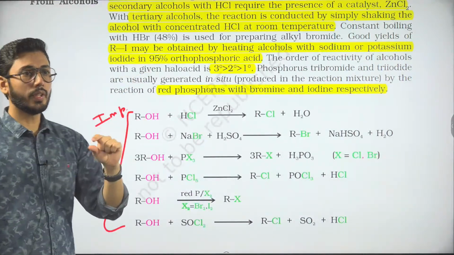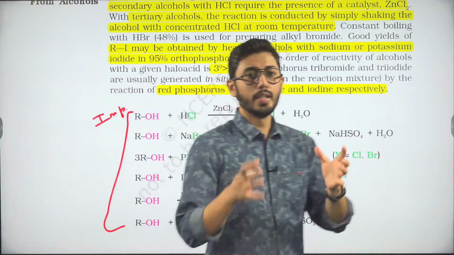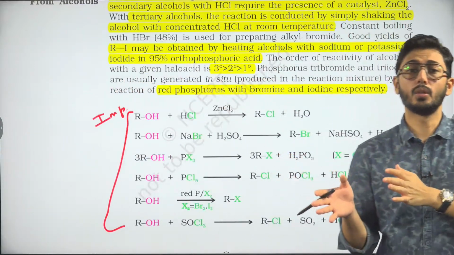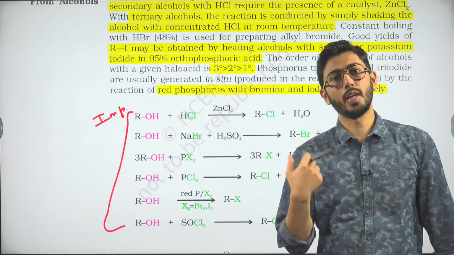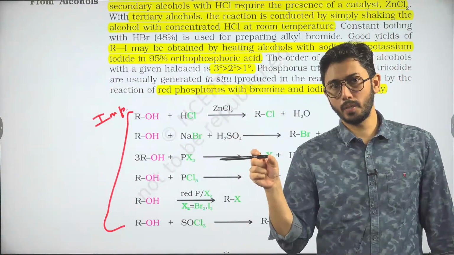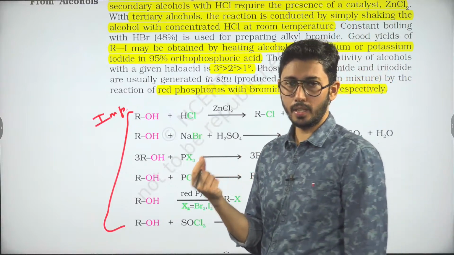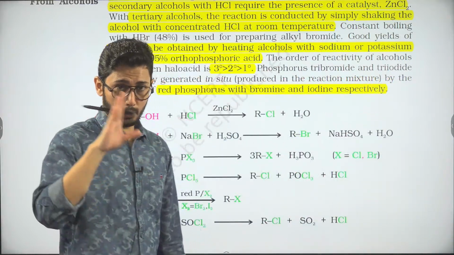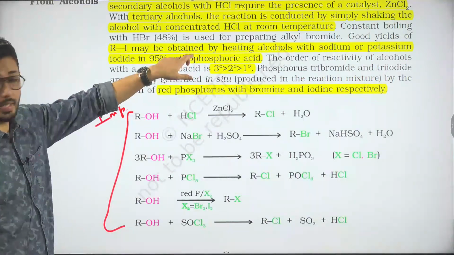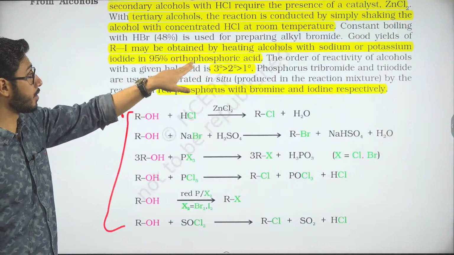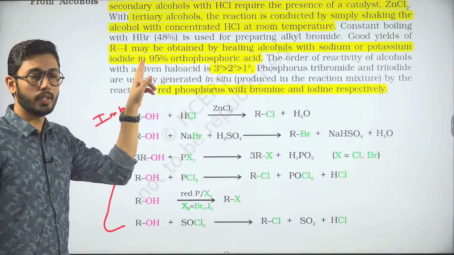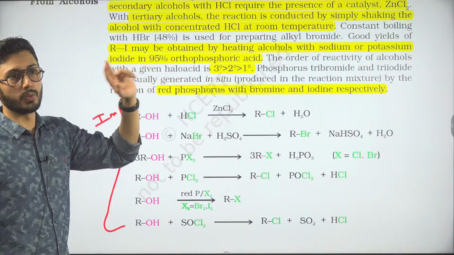The reason is that if you take H2SO4 with NaI, H2SO4 also acts as an oxidizing agent and reacts with the iodide ion. The requirement of this reaction is I minus. If an oxidizing agent is there, it will oxidize I minus to I2 also. That is why, remember, H3PO4 with KI is required, not KI with H2SO4.